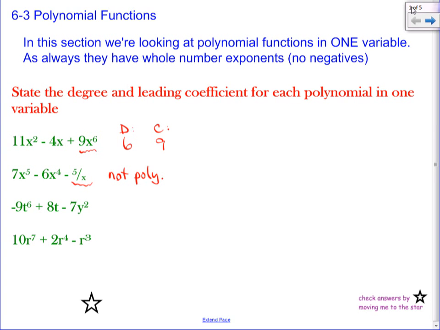All right. This third one right here. Look carefully. Someone tell me why this is not a polynomial. It's negative. Not because it's negative.